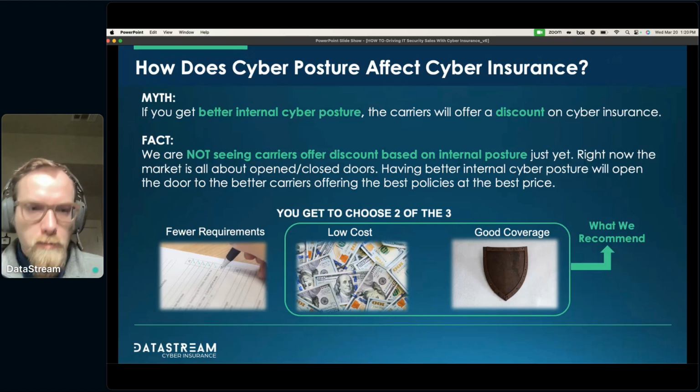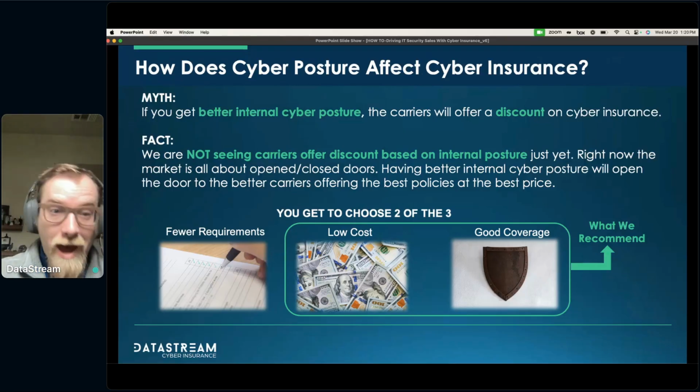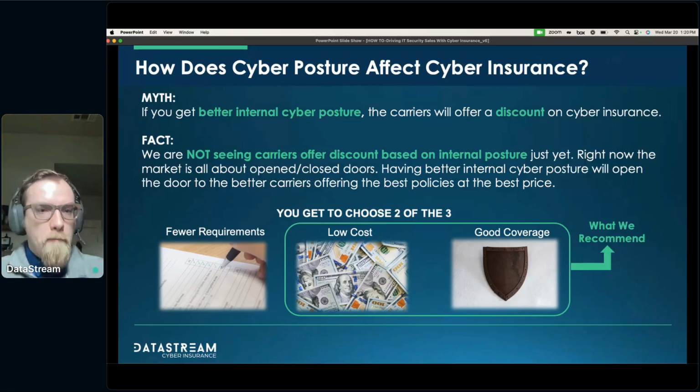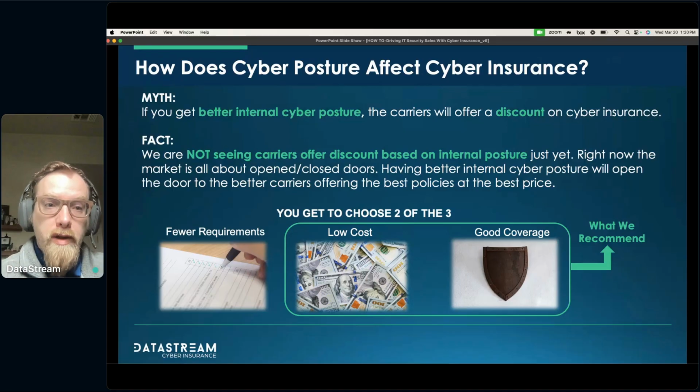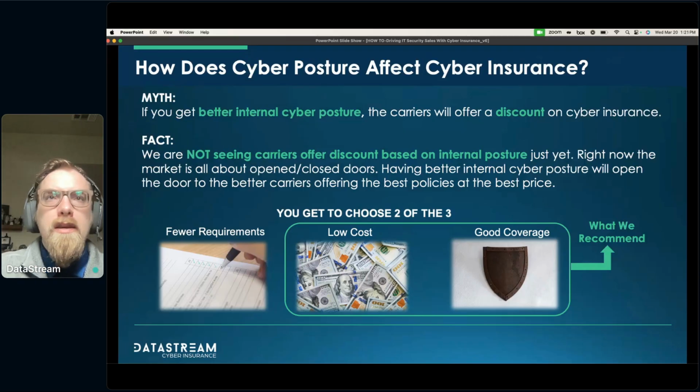You want it to have very explicit language, so that during your claim there's not this back and forth, this incredible battle with the carrier. That puts you in a much better position to focus on the other two and get better requirements in place, right? Unlock the door to low cost and good coverage by getting better requirements in place.